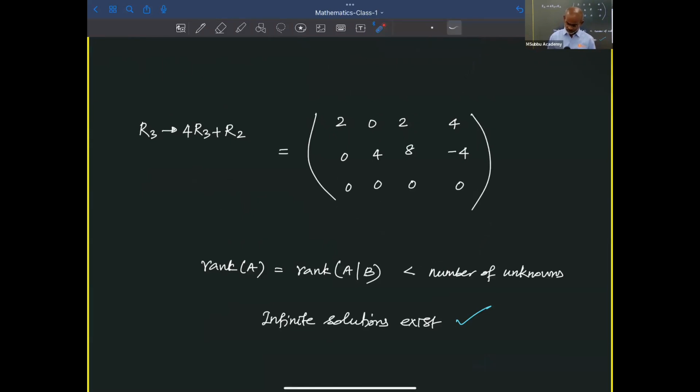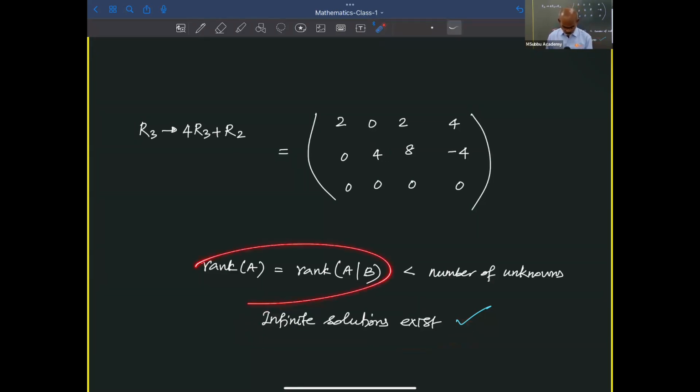So you can fix, say, y and z. If you fix the z value to one thing, accordingly you'll get a y value, and using that you'll get an x value. So according to the value of z, you'll get the other values connected. So you'll have infinite solutions.